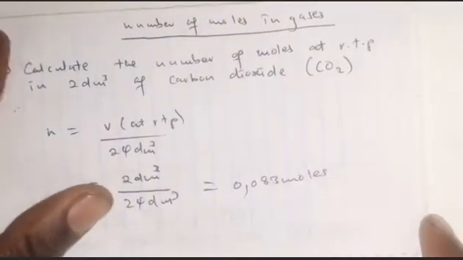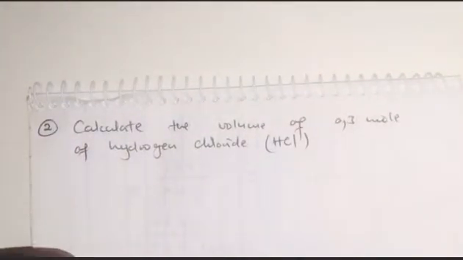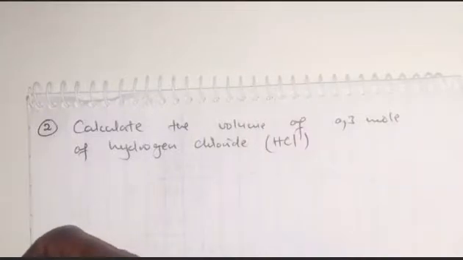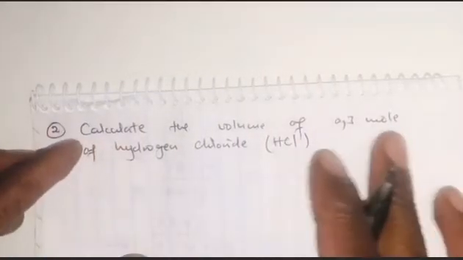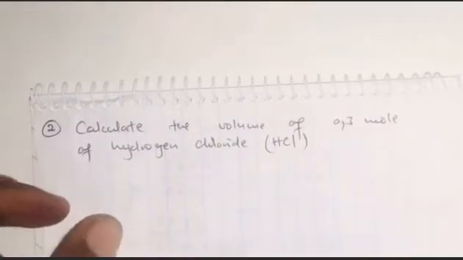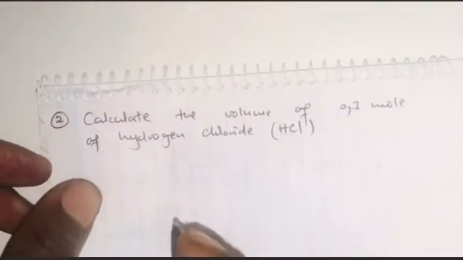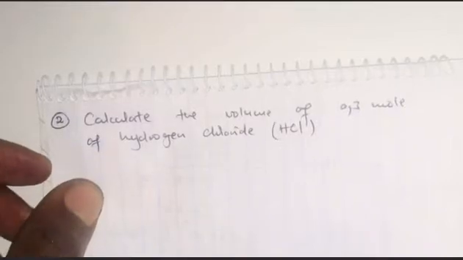Then the next question says calculate the volume of 0.3 mole of hydrogen chloride. We are given the number of moles and we are looking for the volume. We've been saying number of moles is equal to volume over 24 dm cubed.